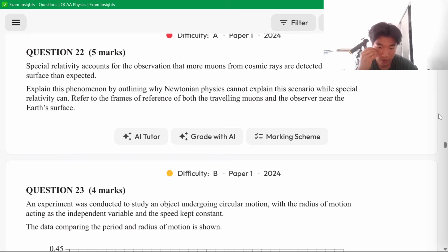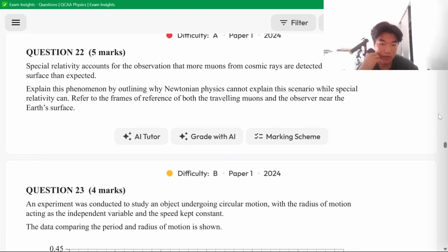So according to the frame of reference of the observer at or near Earth's surface, the muons would be traveling longer than expected due to the time dilation.